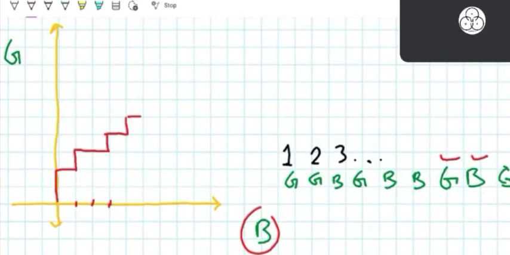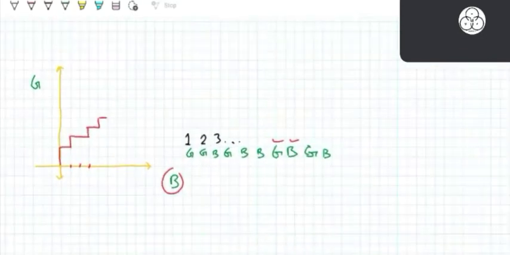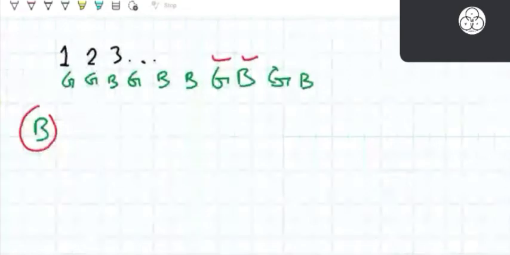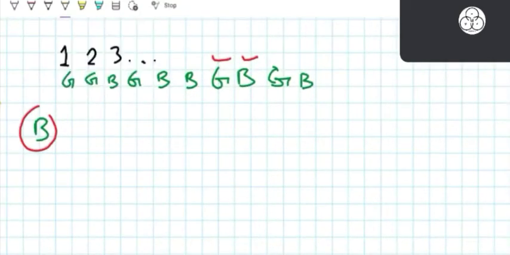Let me write it now in the reverse order for more clear visualization. Reverse order means I'm just shifting the axis, not the diagonals.